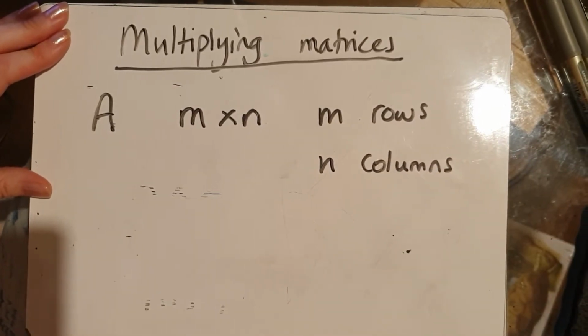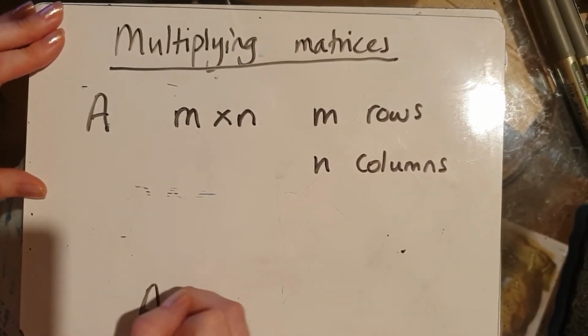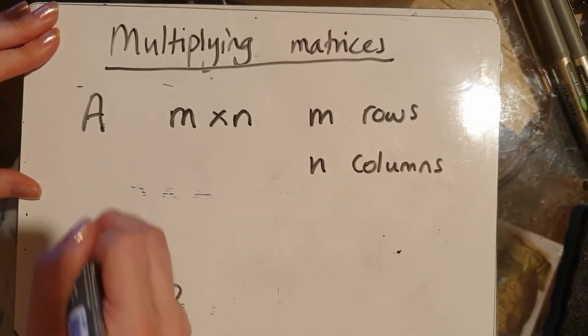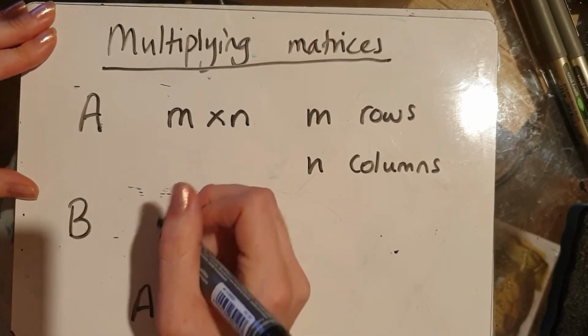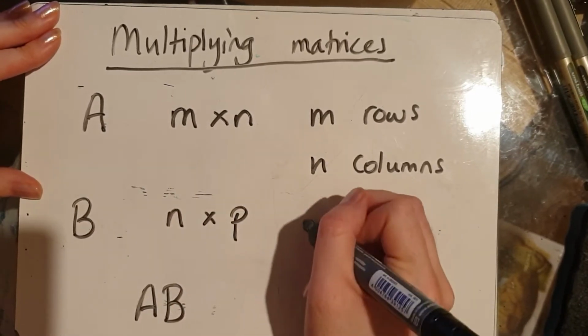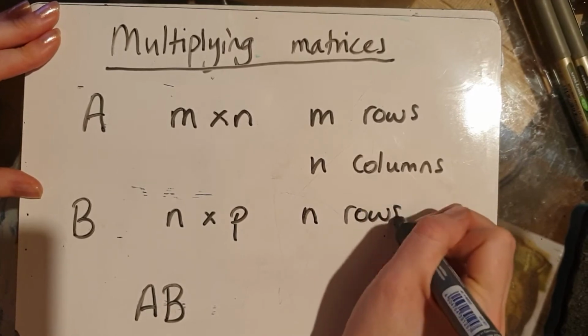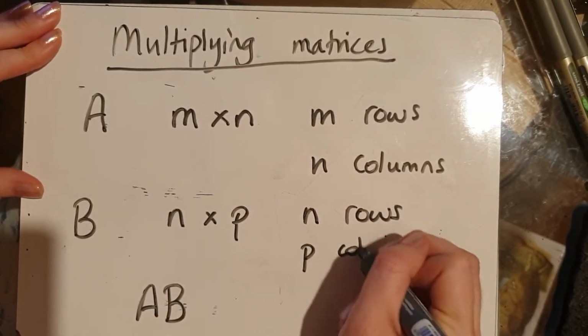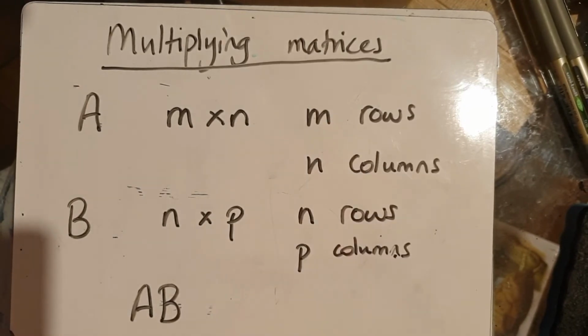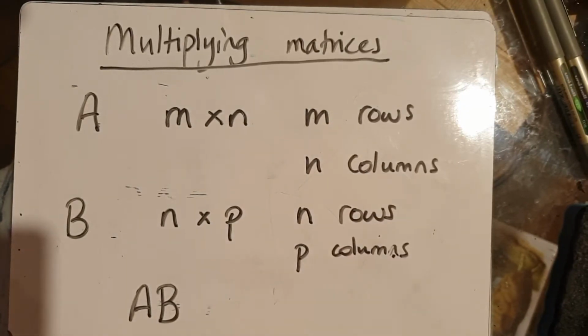If I want to be able to multiply matrix A by matrix B in this order, then matrix B has to be an N by something matrix. It has to have N rows and P columns.